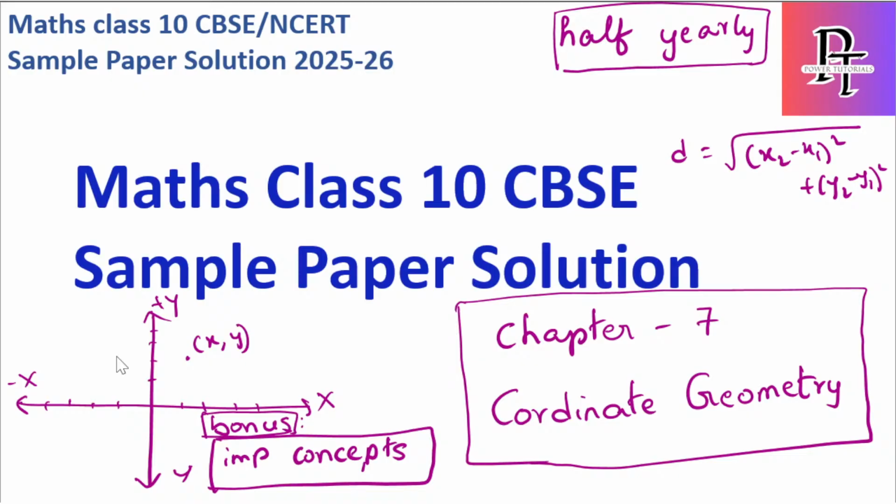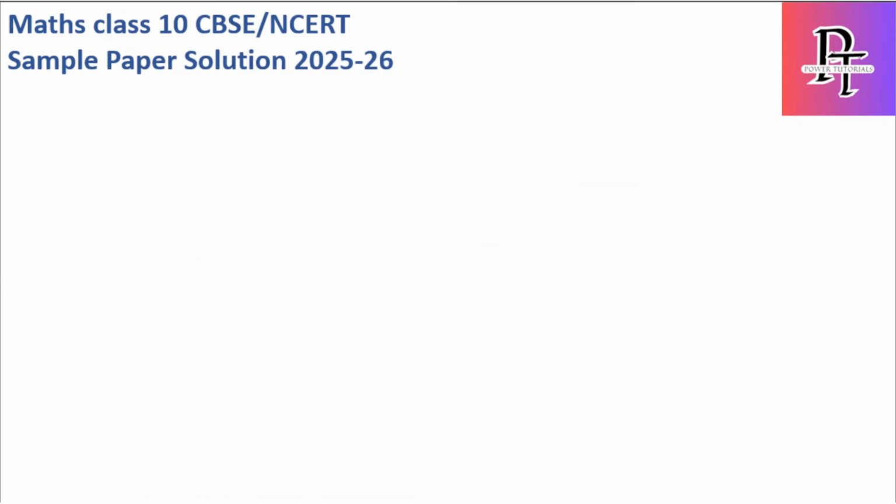So before going to the questions, I will explain a few important concepts from this chapter, and then we'll continue with the questions. Okay. So the first important topic from this chapter is, I will explain what the topics are first of all.